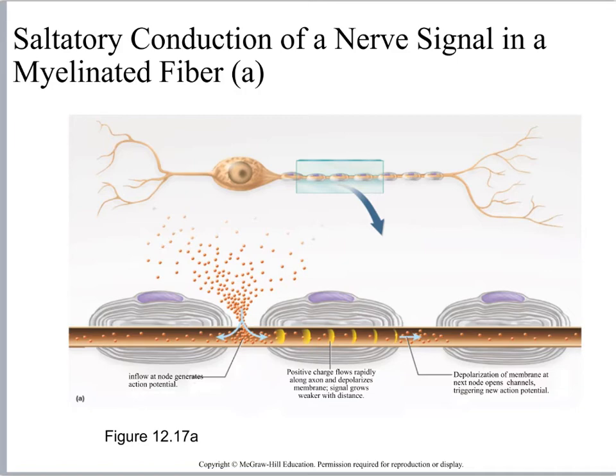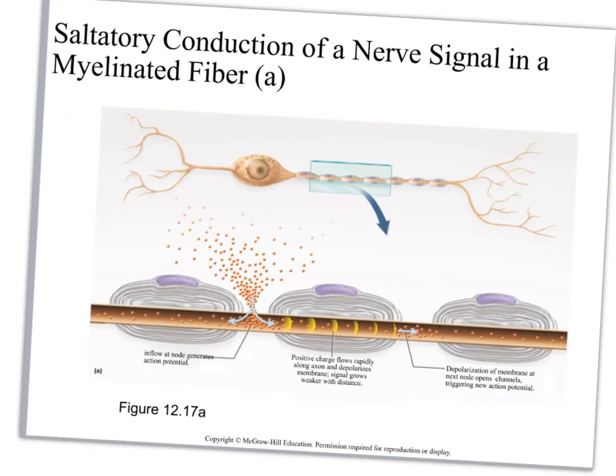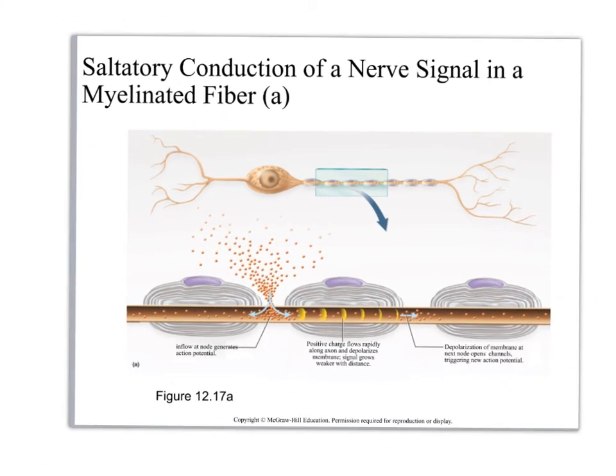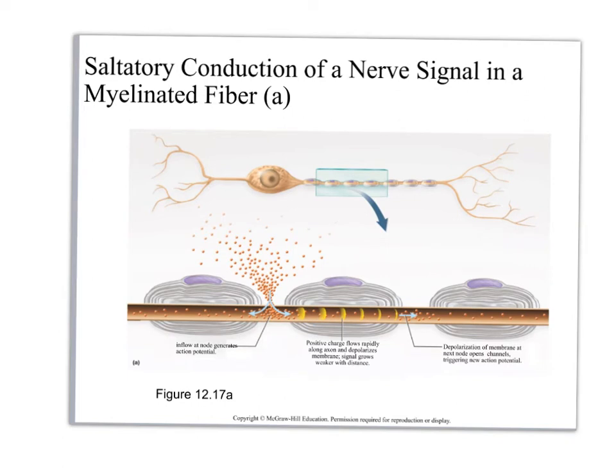All right, so we're looking at the axon again. Same little bipolar axon, but this time what we've done is we've put Schwann cells along it, so it is myelinated. And we're going to take this and we're going to blow it up. So you can see this right here, this whole tube is the axon.